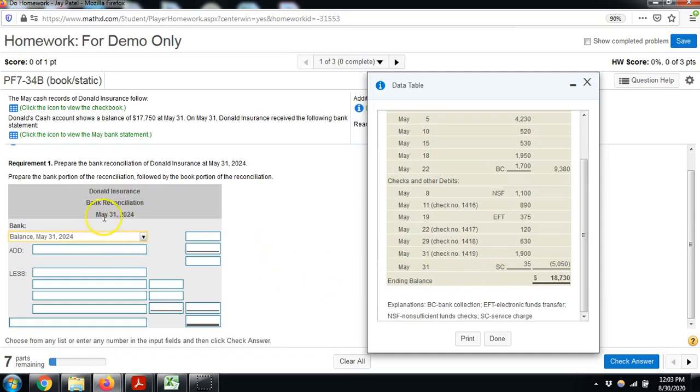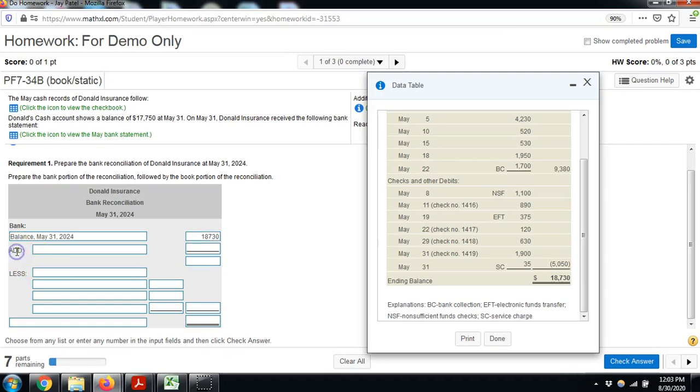So just make sure you're paying attention to the date that you're reconciling. As of May 31st, our balance according to the bank statement is $18,730. On the bank side, we want to take this bank balance and add and subtract the things that are in the accounting books but not yet in the bank statement.